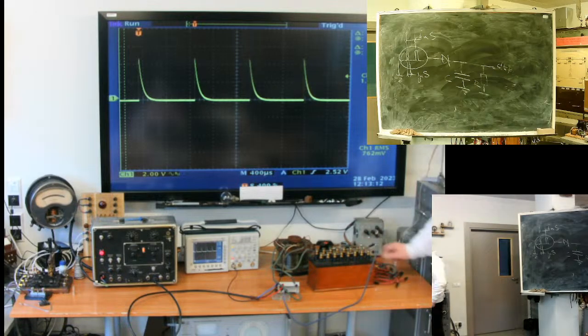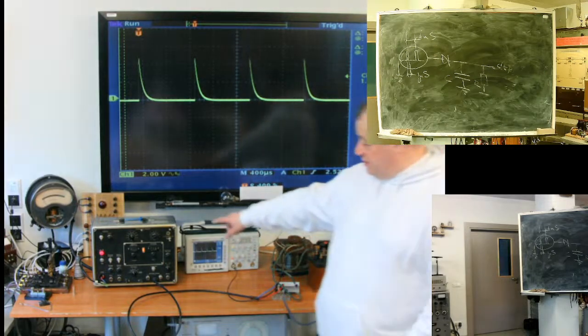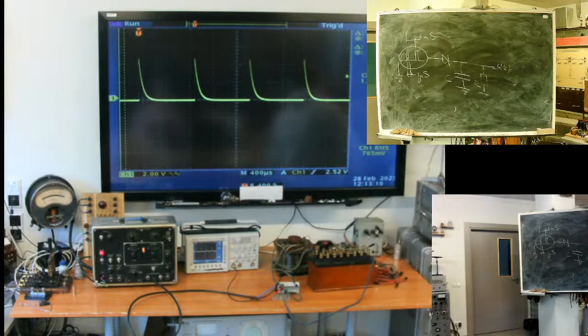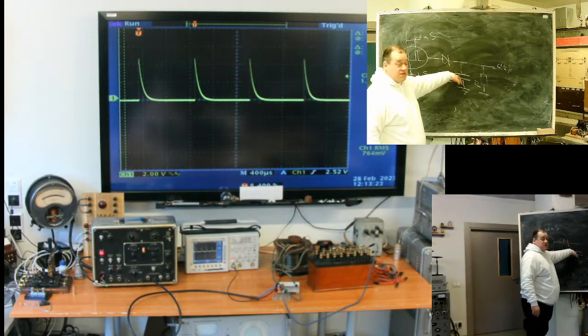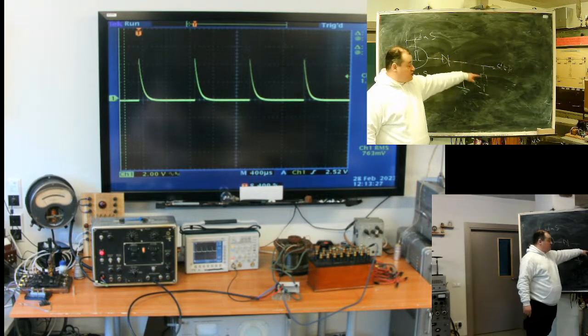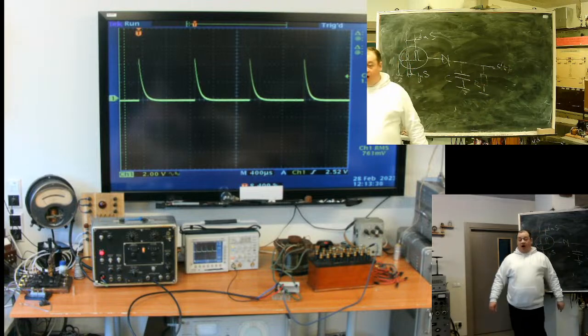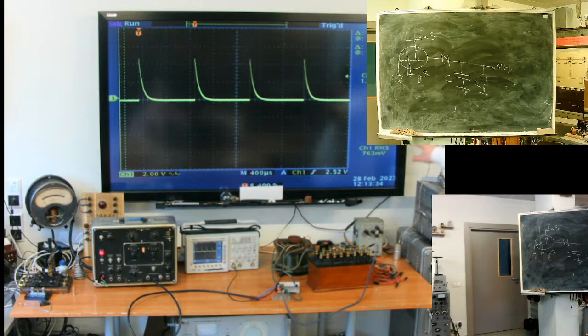See how it works. On each pulse of the generator, the capacitor gets a pulse, an input of 5 volts. The capacitor charges and then discharges through the resistor. I made a sequence of a periodic signal. Is it periodic?